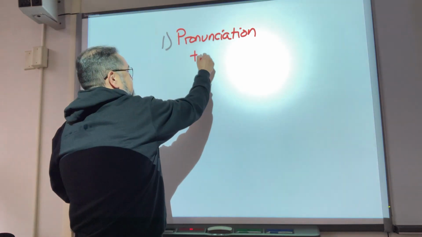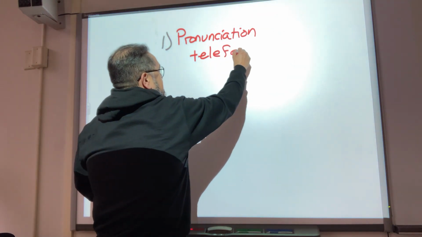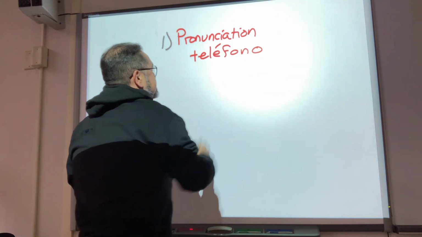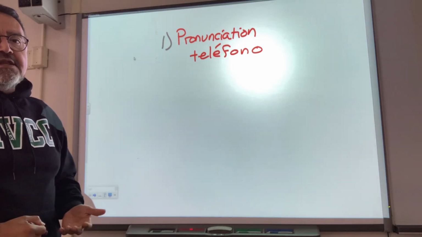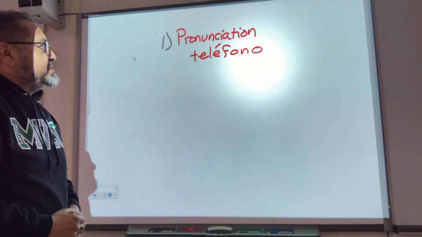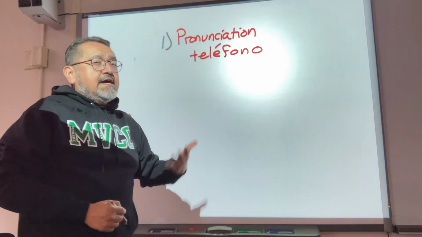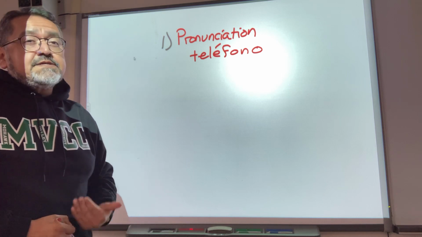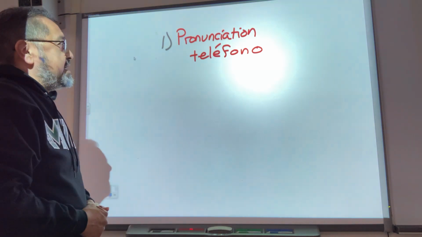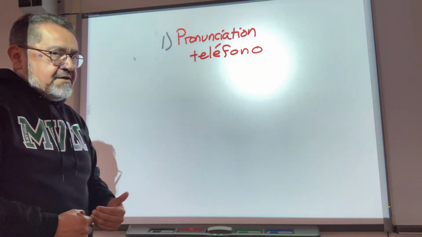for example, I'll give you an easy one, the word teléfono, which means telephone. There's an accent mark on the second E, and so that basically means that you have to put extra stress on that word. So, teléfono.